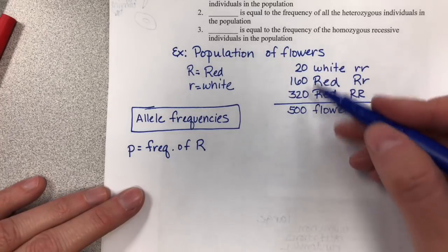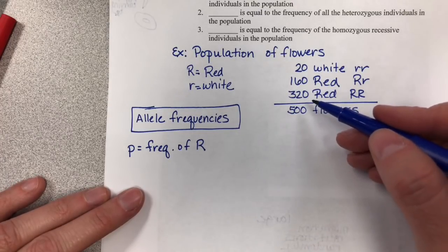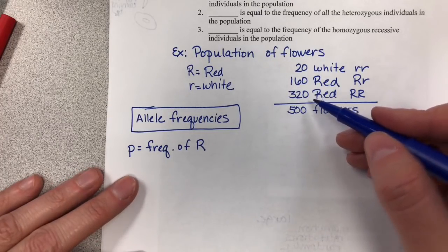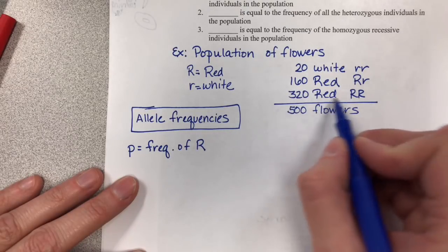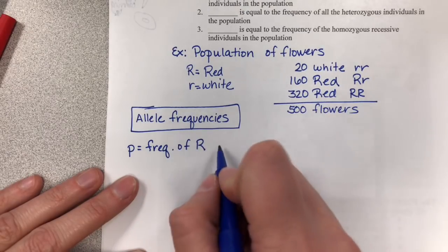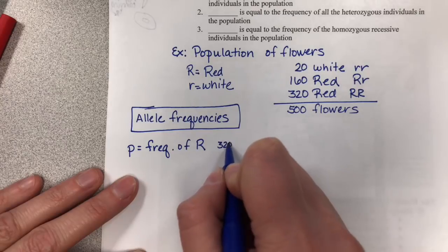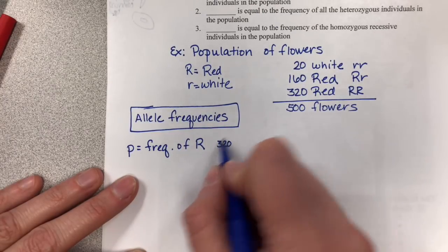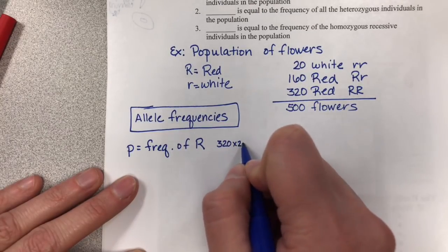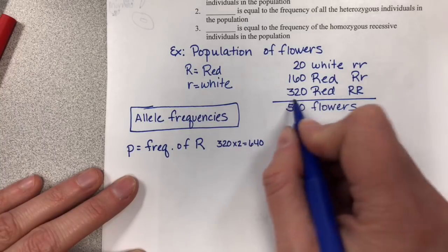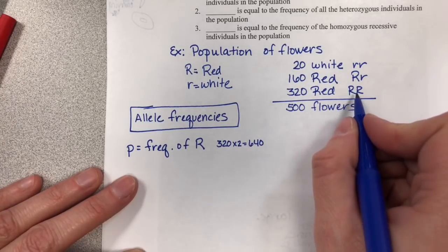Since we know the number of individuals here, we can actually count them. We have 320 big R individuals, and each one of those has two big R's, so we have 320 times 2, which is 640 big R's from those individuals.